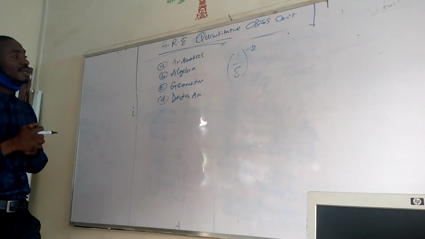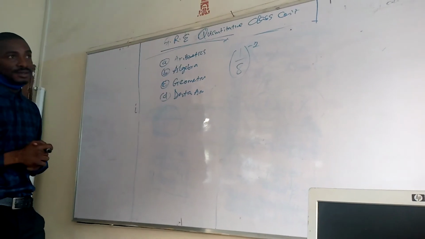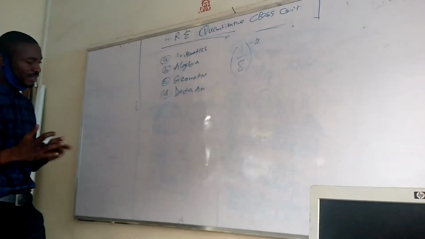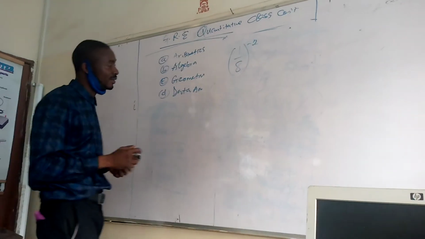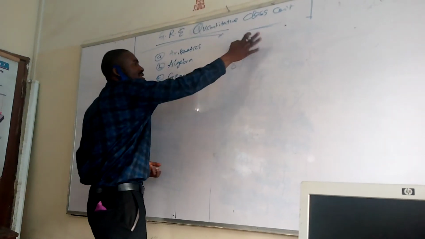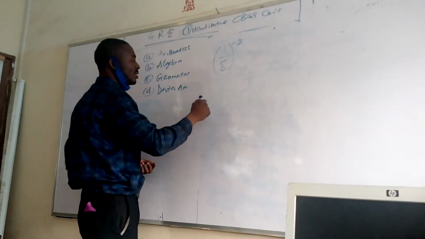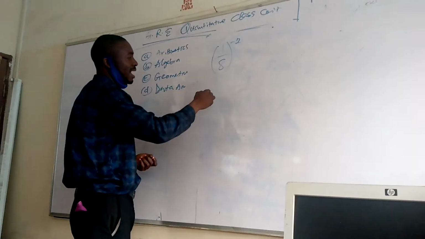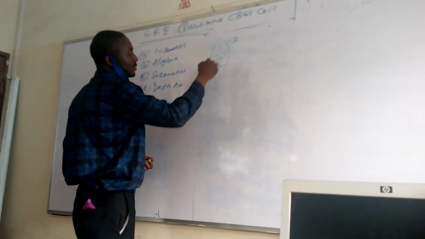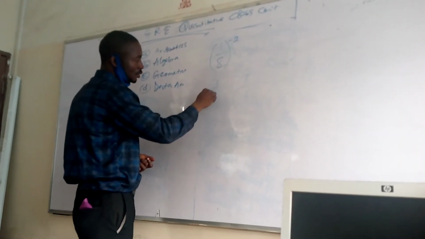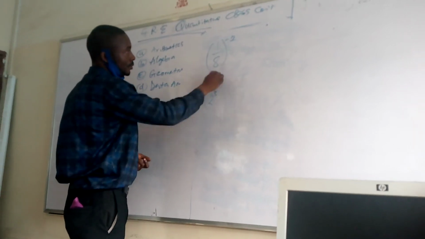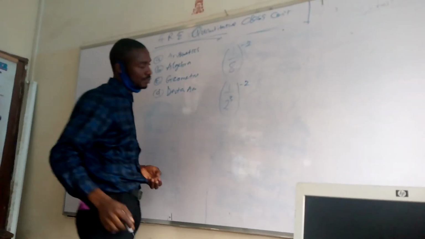In this sense, this is a form of indices, and we are going to do a lot of examples before we round up. This can also be seen as 1 over 2 raised to the power 3, raised to the power minus 2.